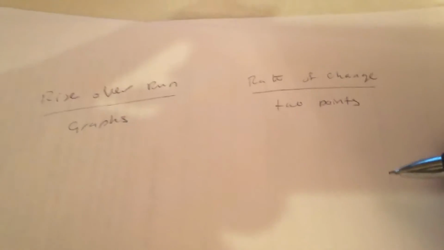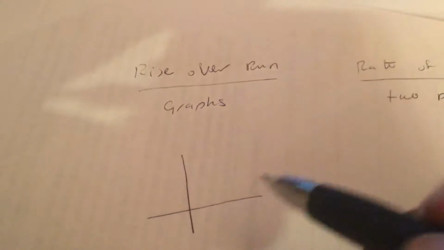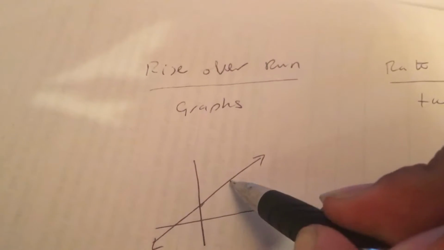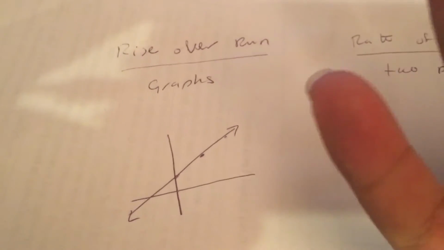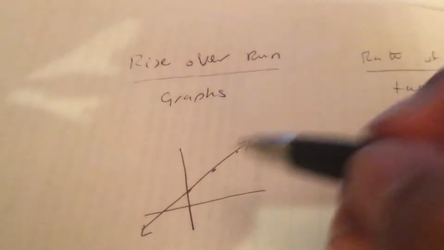Okay. Now, let's discuss what exactly I'm saying when it comes to application. So if we take a graph here, and we have some kind of line, and a series of points here, if we wanted to determine the slope, we would simply use the concept of rise over run.